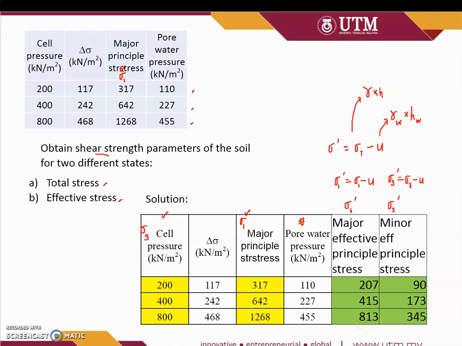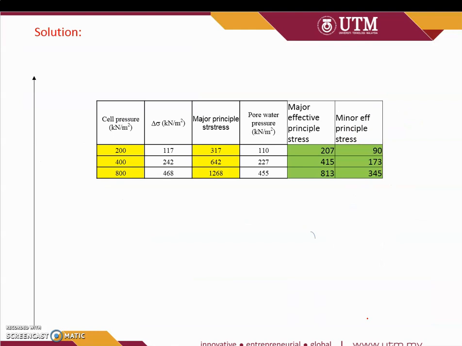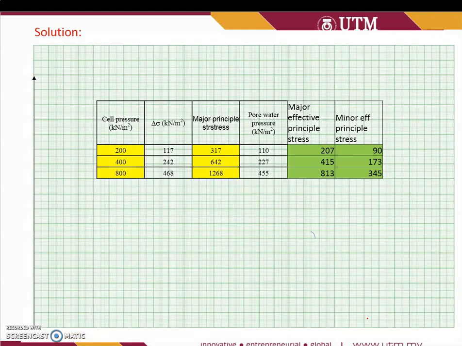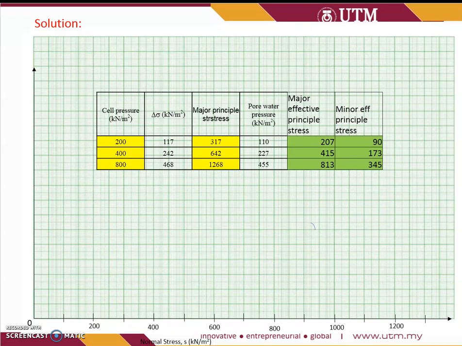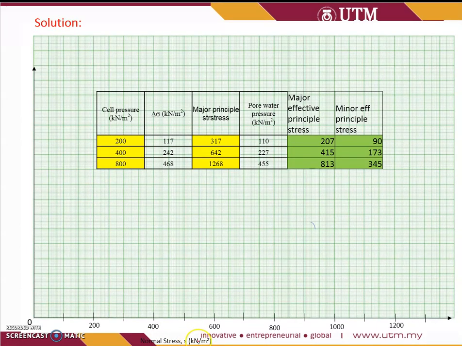Next, we need to plot the graph. Let's say this is my graph paper, just a normal one, no need for a logarithmic graph. First, draw the x and y axes. The x-axis is normal stress in kilonewton per meter squared.